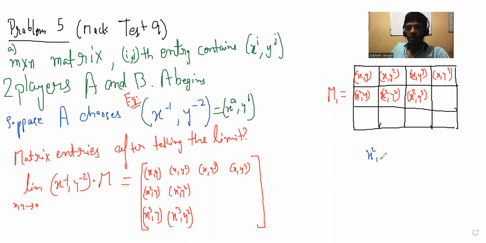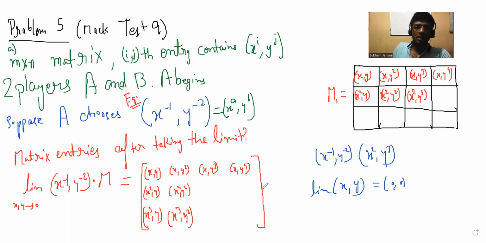So both 2 and 3 are bigger than 1 and 2 respectively. And therefore, when you multiply this, you get x comma y. And when you take the limit, it is 0, 0. And so as Raghav has said, this will become 0, 0. So we'll write that.